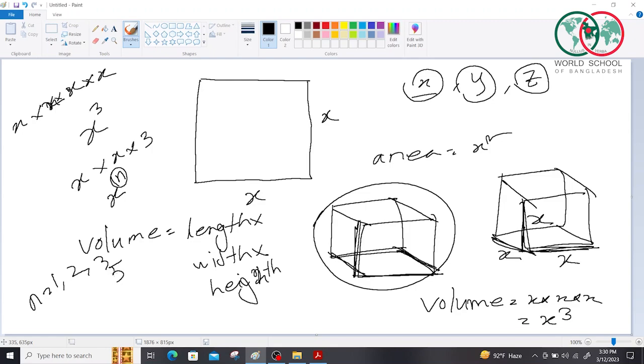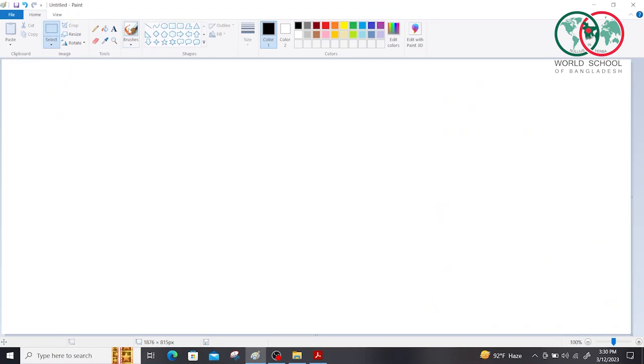Okay, so why do we use all this? Suppose we are given x to the power n divided by x to the power m. Here we can understand that we have the same variable. Same variable means same base. So we don't know what the value of n is, what the value of m is, but we know that when it was in this form, 5 to the power 3 divided by 5 to the power 2, we did 5 to the power 3 minus 2.